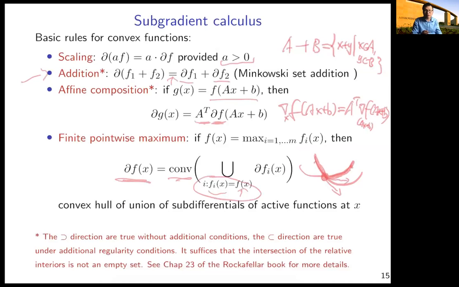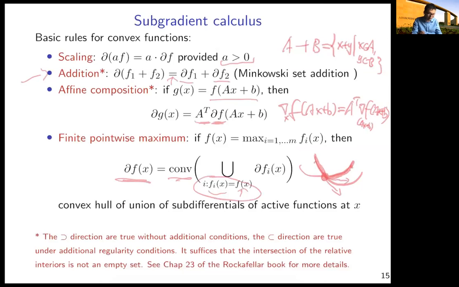A useful sufficient condition that one can remember is that, provided the intersection of the interiors of the domains of f1 and f2 is not an empty set, so provided that you can find at least one point within the relative interior of the domains of these two functions, then for those points, these two sets are actually equal.